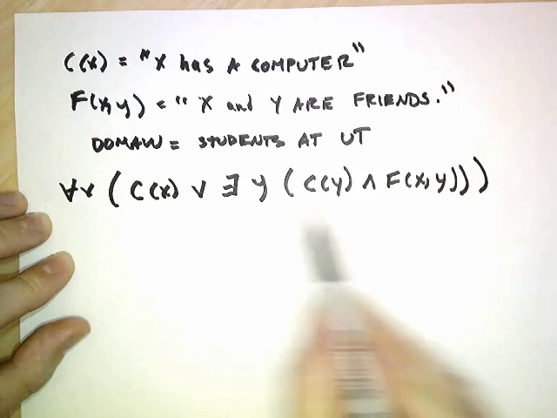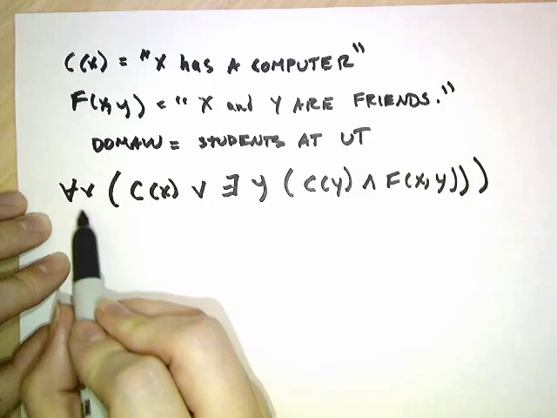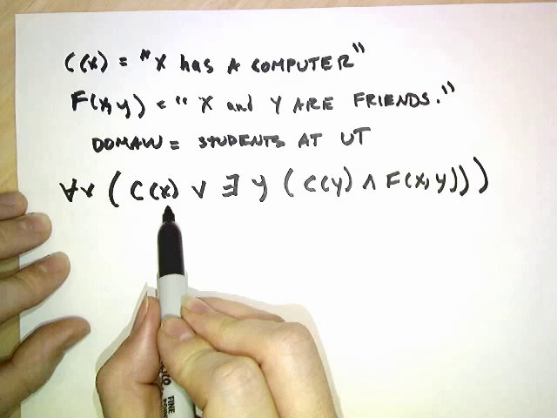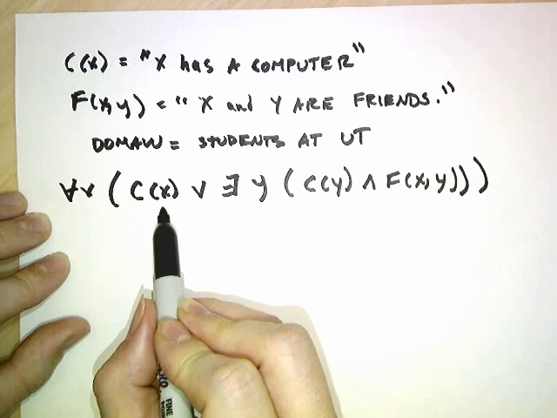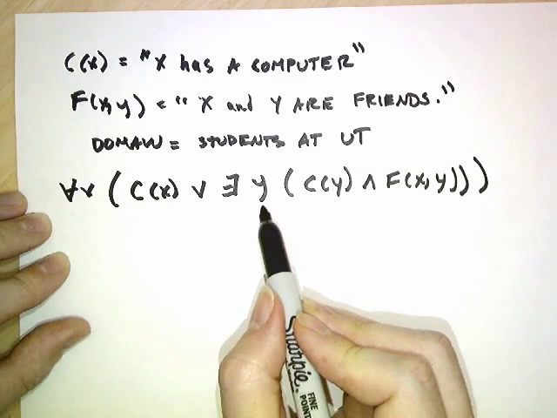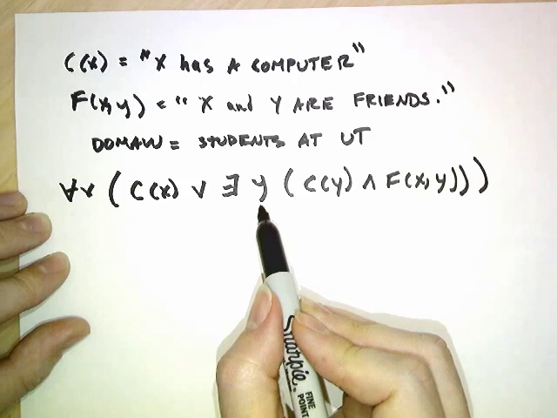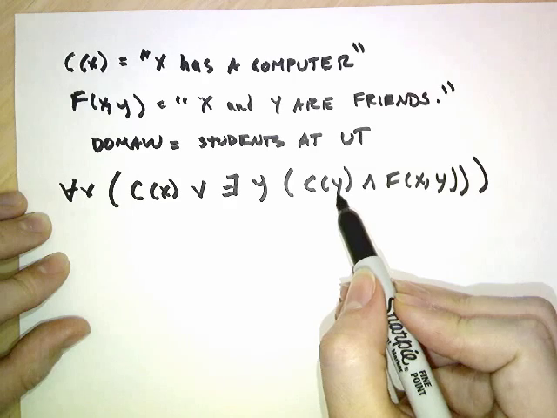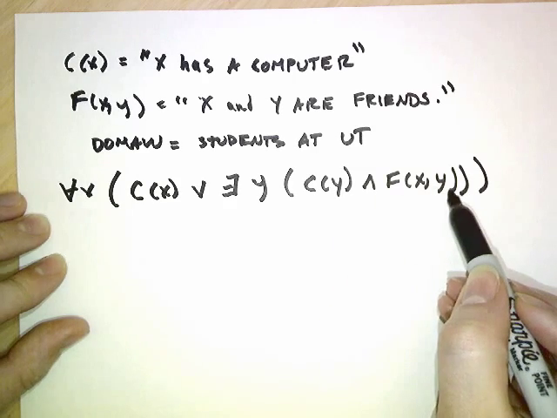Okay, so this is a mathematical statement. What does it mean? Well, it says that for every student at UT, that student has a computer, or there exists a person, another student at UT, y, that has a computer and is friends with x.